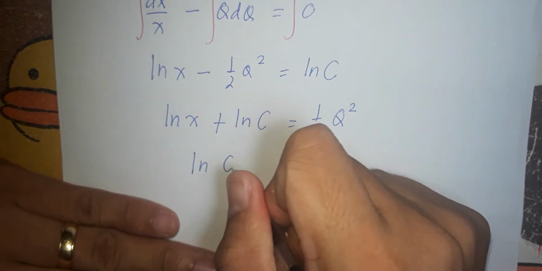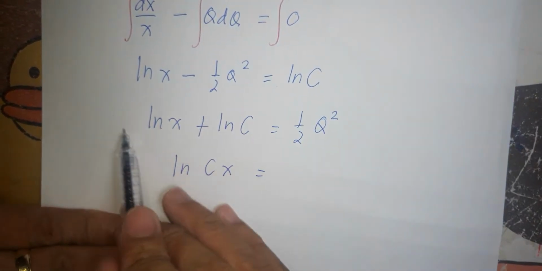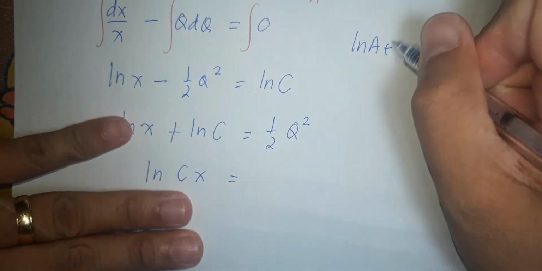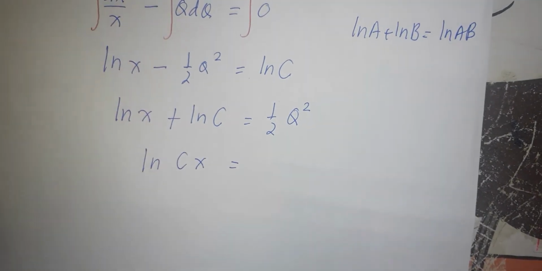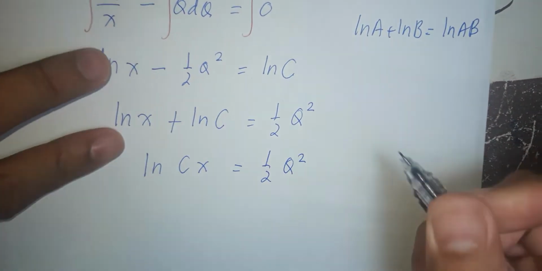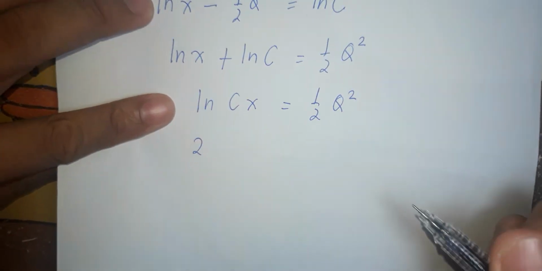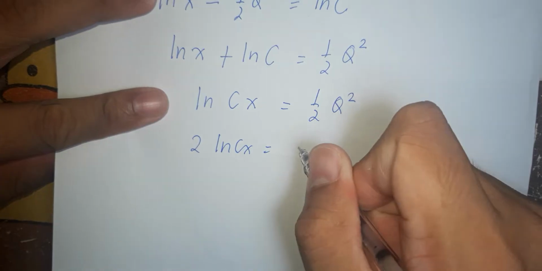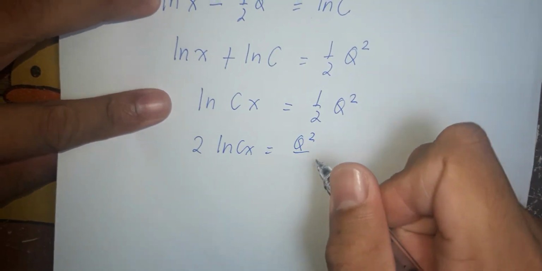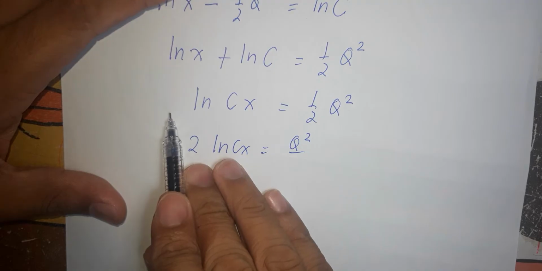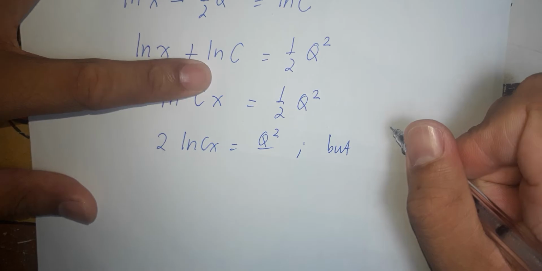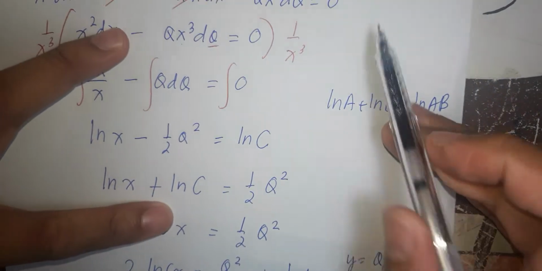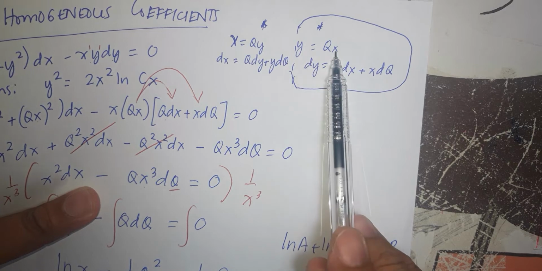So, combining the two, we get ln cx, using our property of logarithm that ln a plus ln b is ln of the product, so ln ab. So, this gives you 1/2 q squared. Cross-multiplying gives 2 ln cx is equal to q squared. But then again, from our substitution, y is equal to qx. So, the value of q is y over x.